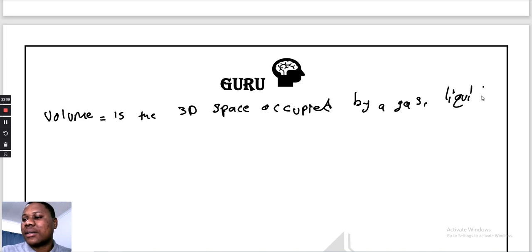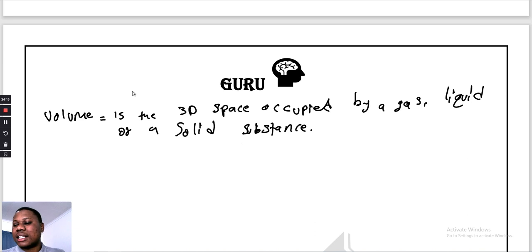We can talk about water in the pool here, or a solid substance. Okay, so we can explain the volume as that. So when they also talk about the weight, they can also refer to the volume as a capacity.